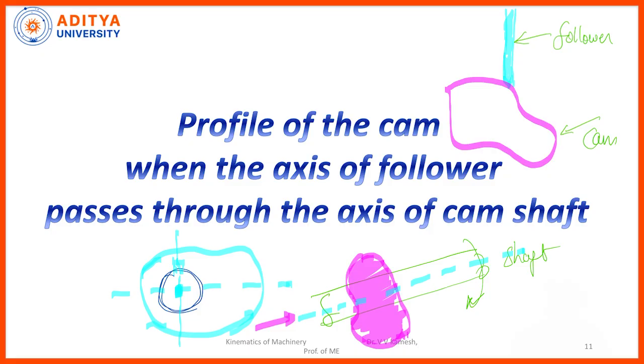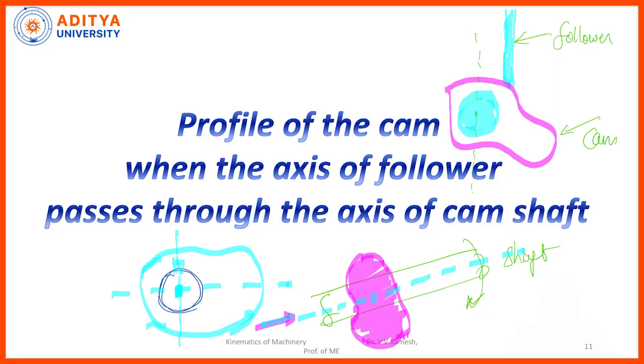Suppose the axis of the shaft will be like this, maybe, okay, let it be. So, here this will be the axis.